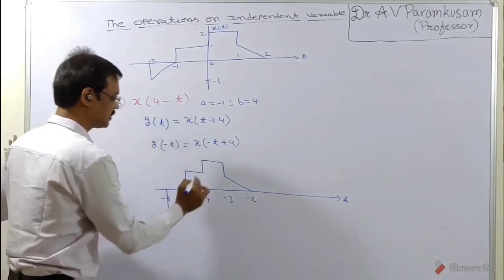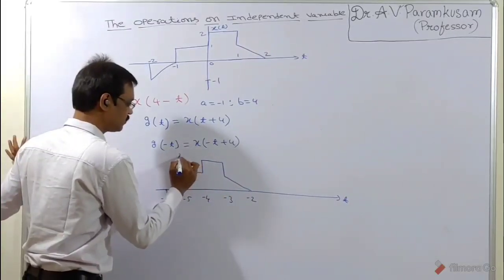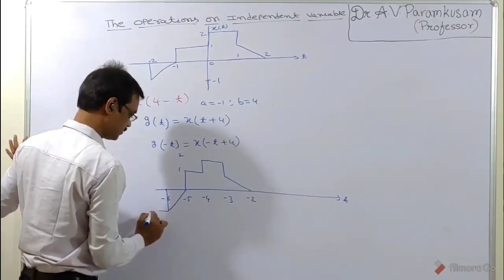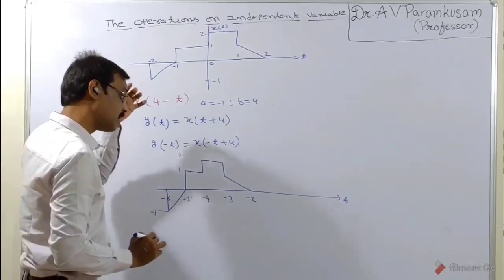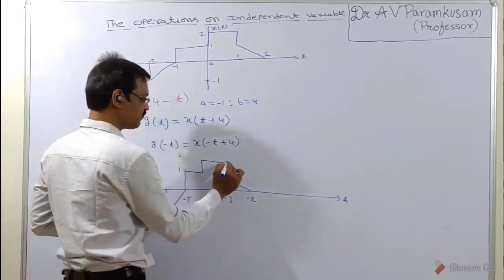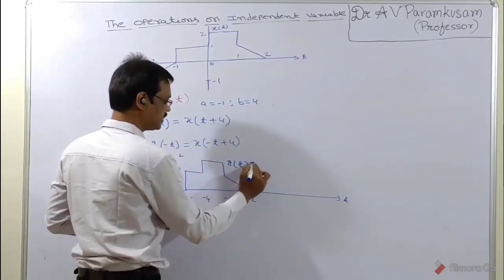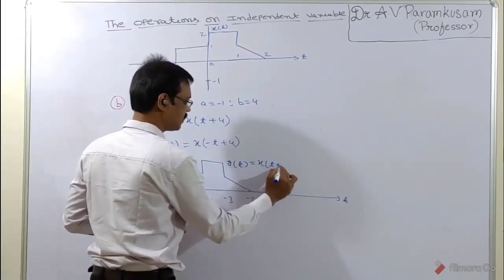So this is the signal. This value is 2, minus 2, and this value is equal to minus 1. This is x of t plus 4, this is g of t.